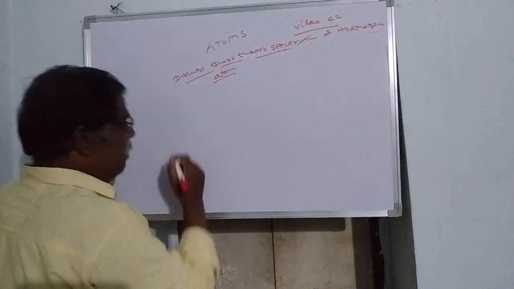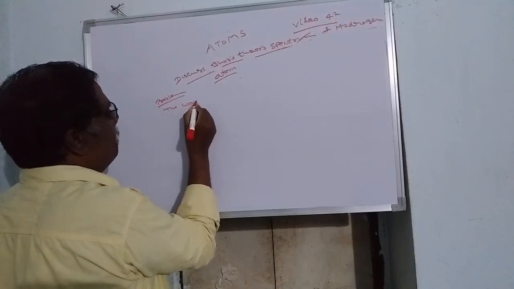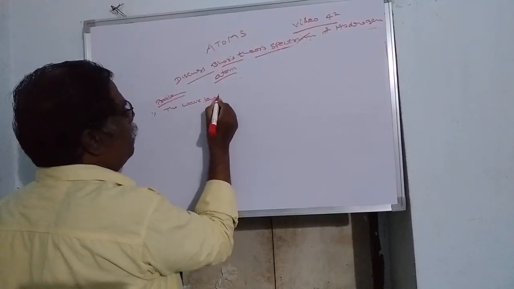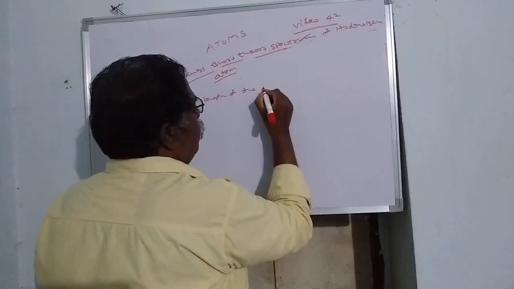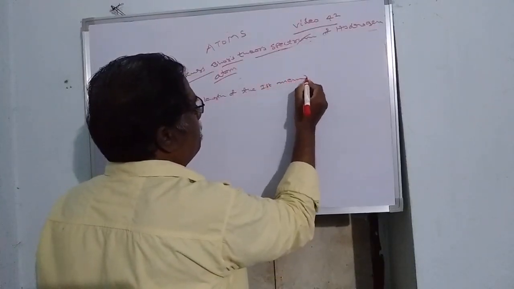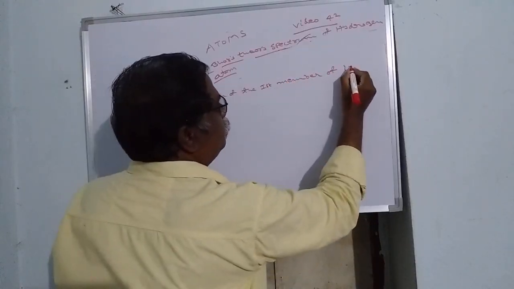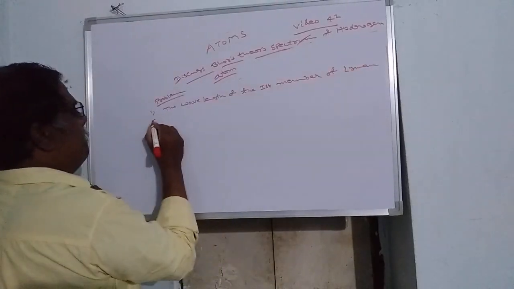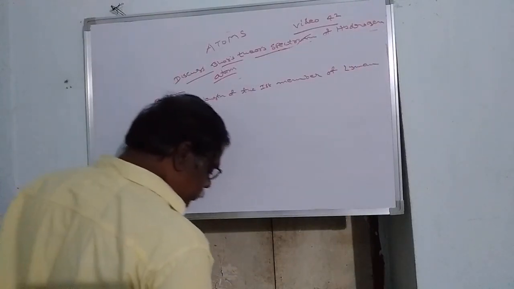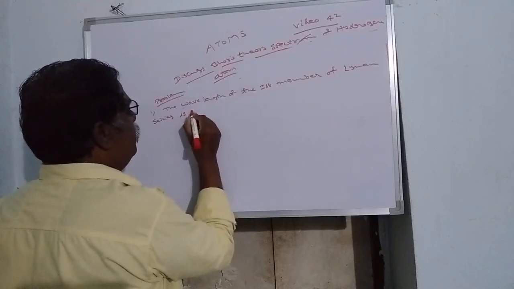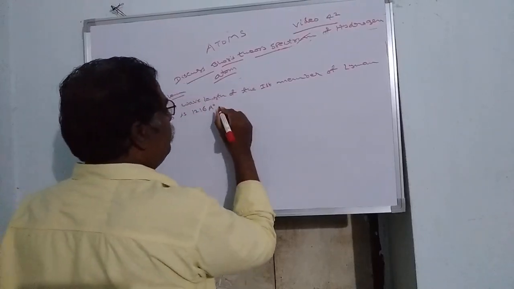The wavelength of the first member of Lyman series is 1216 angstroms.